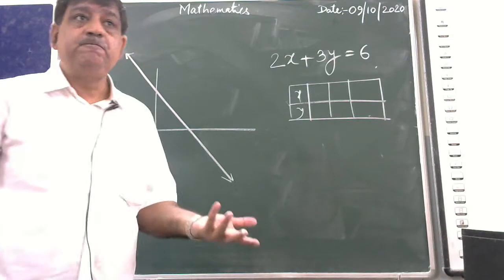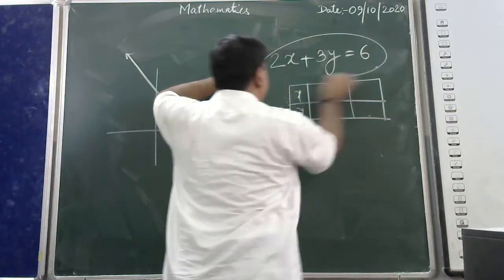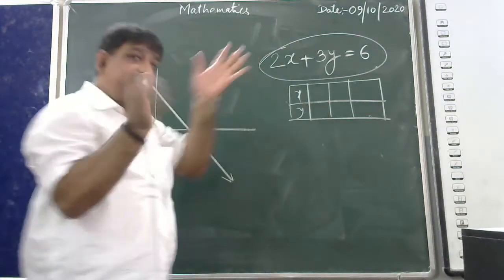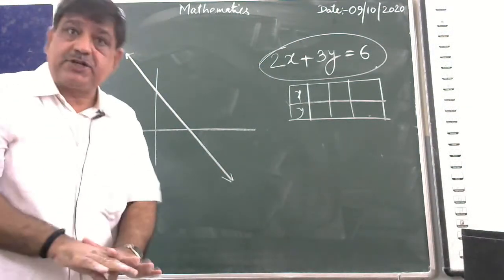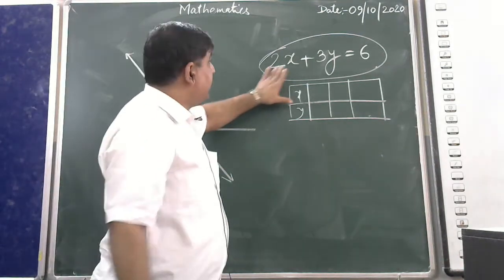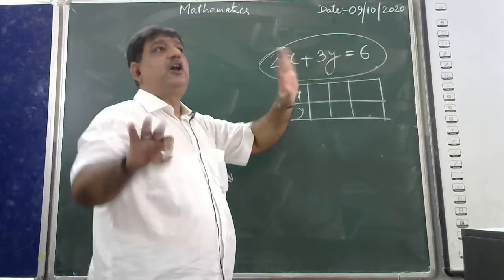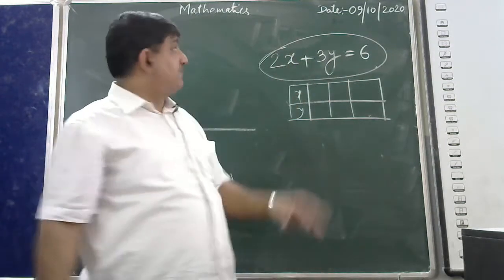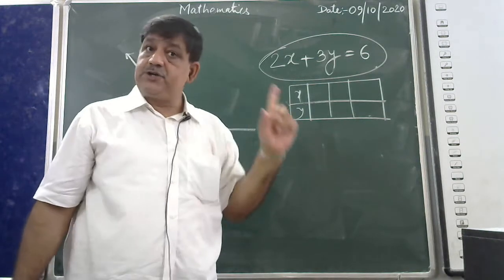What does it mean? That this is the path traced out by a moving point under the restriction that 2 times abscissa plus 3 times ordinate is always 6. x is abscissa, I have already told you.